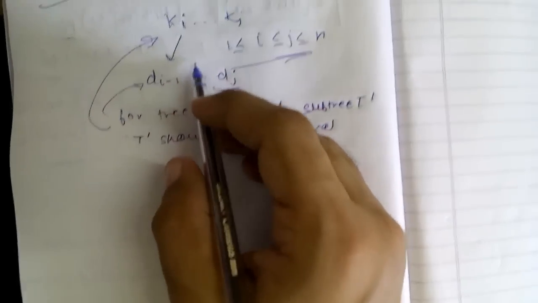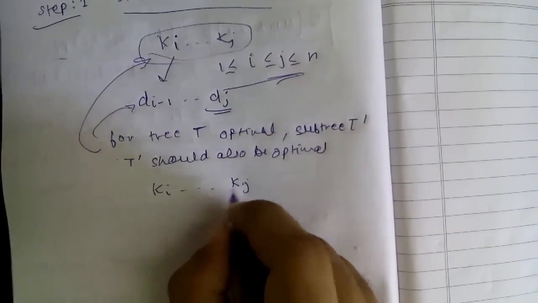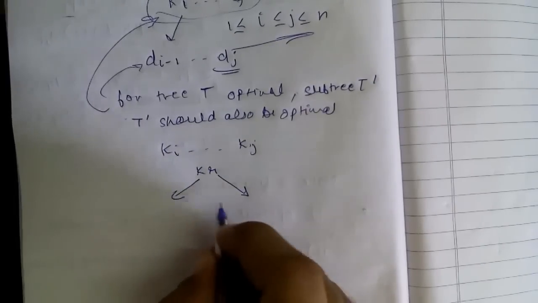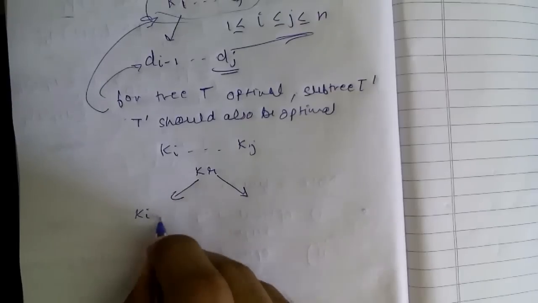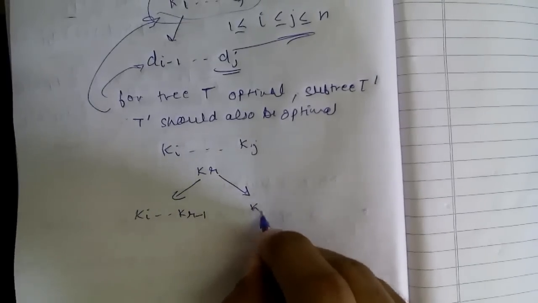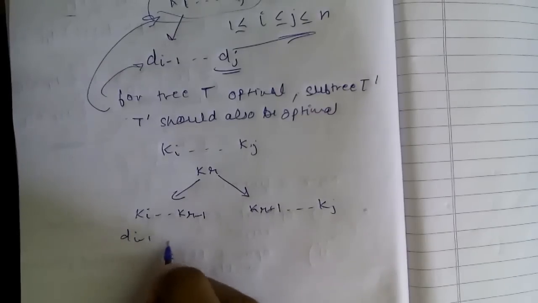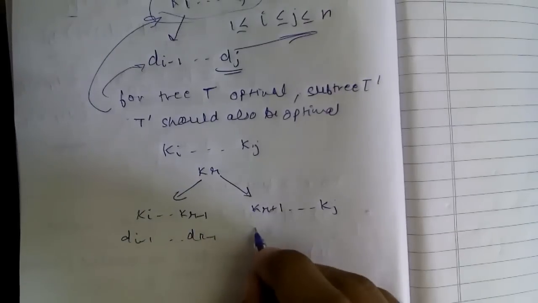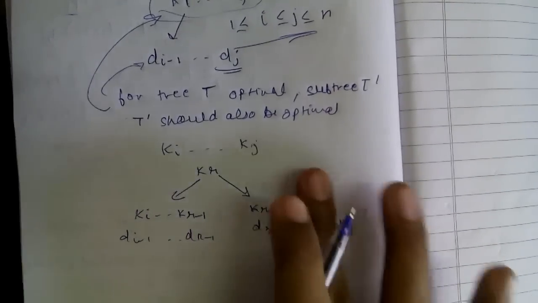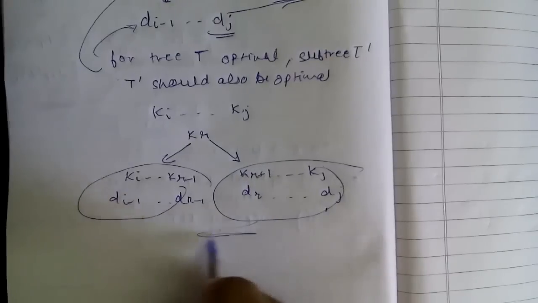Okay, now this subtree will be having its own root kr, and so it divides again into two subtrees with keys ki to kr minus 1 and kr plus 1 to kj, with dummy keys di minus 1 to dr minus 1 and dr to dj. So in this way we will go on dividing and optimizing these subtrees. Okay.